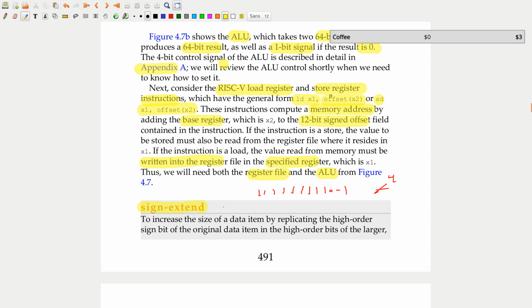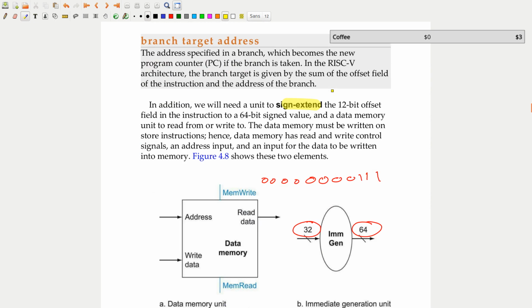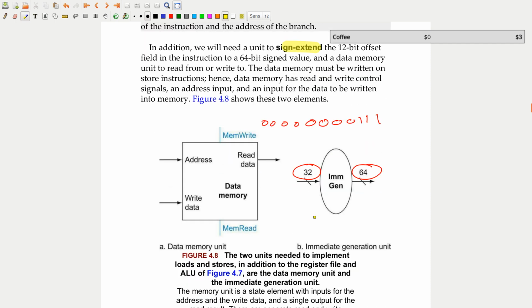Now we need to make sure that that's a 64-bit value, so we need to sign extend it. We need to add this in the ALU with whatever address we get out, and then depending on if it's a read or write, we'll use this control logic for memread or memwrite, and our data will come out the other side, or we'll just write the data in.